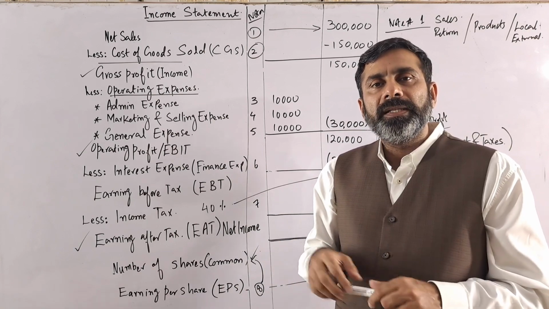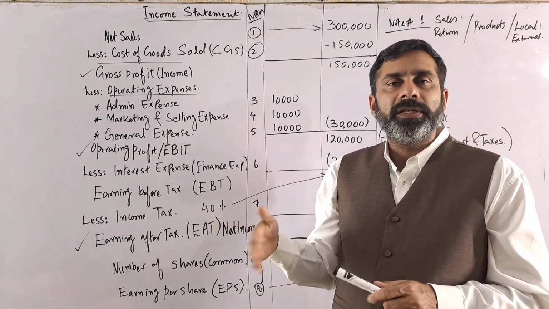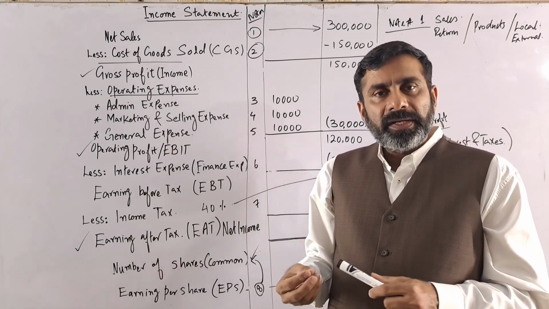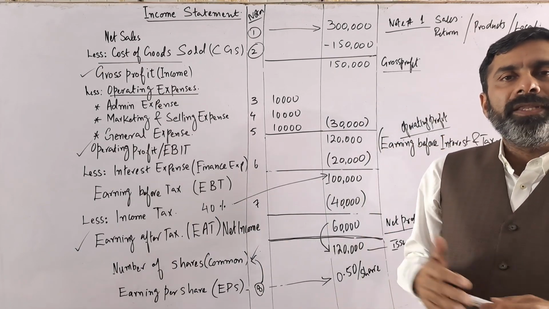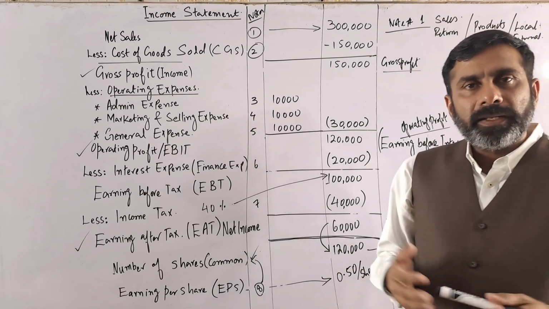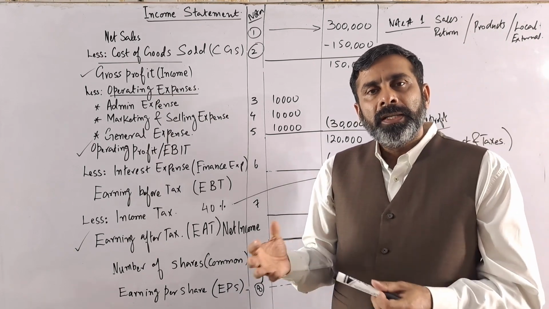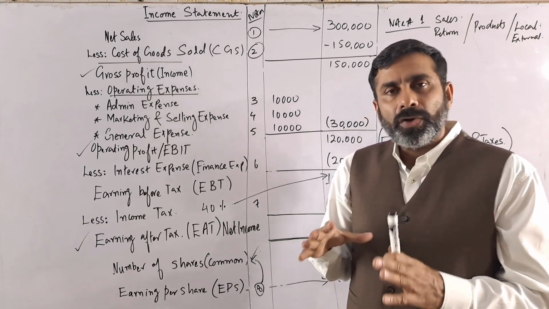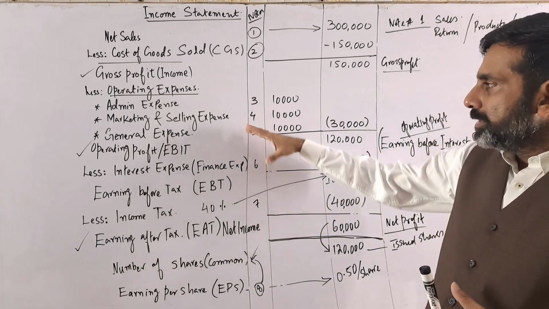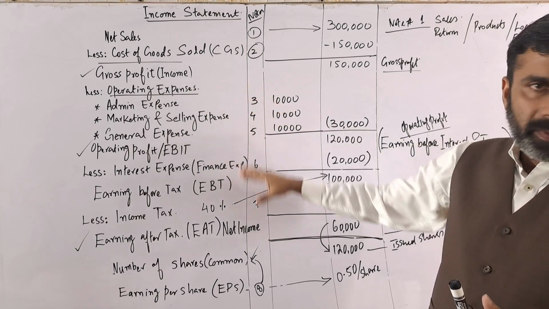Or they may have an investment in bonds or shares, so some dividend is there. Or the company may have revalued their non-current assets, like property, plant and equipment, so there may be some income or some loss from that. All those other incomes will be considered here while preparing the income statement.